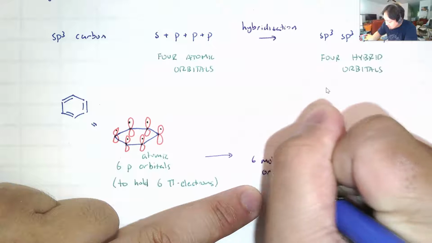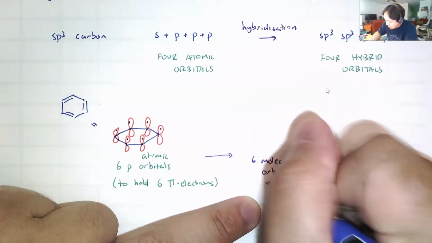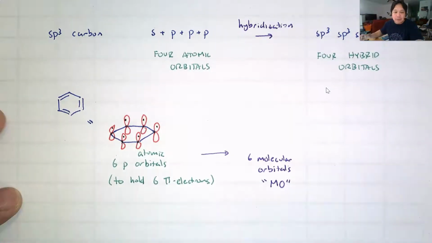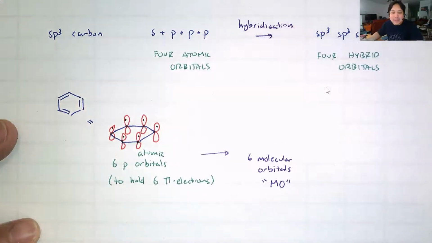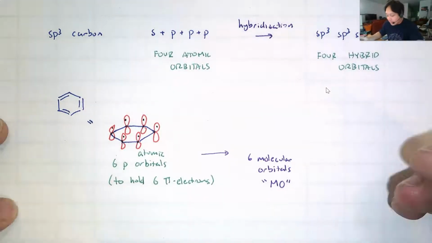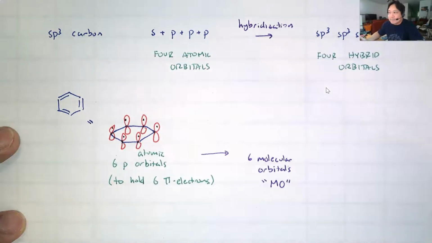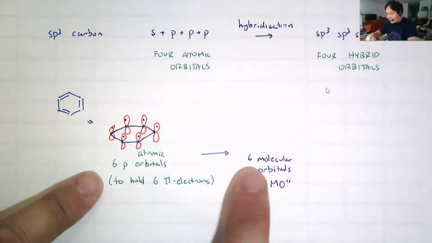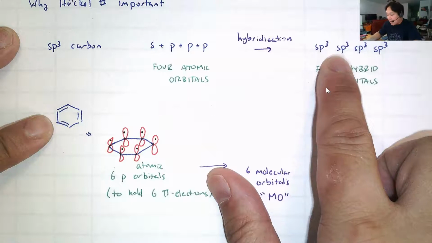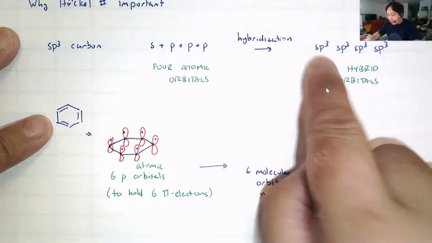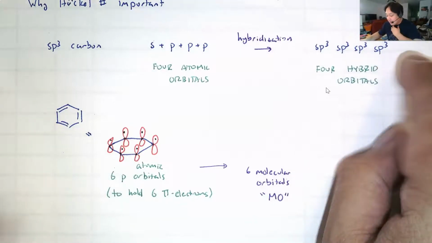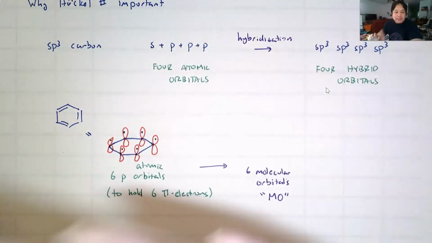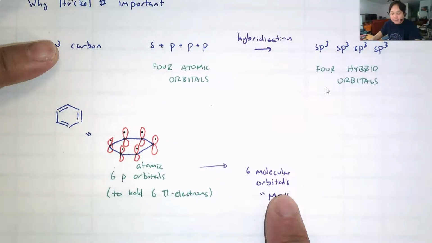Now, I typically don't go through a lot of MO theory in my class, at least for Organic 1 and Organic 2. I save that for advanced organic or physical organic chemistry. But just like we were able to show the energy levels for our hybrid orbitals, we could do the same thing for the 6 molecular orbitals. Just remember this: 6 p orbitals, 6 molecular orbitals.